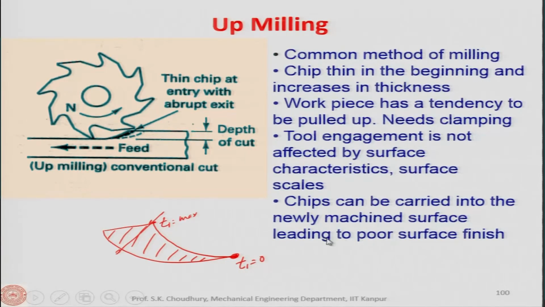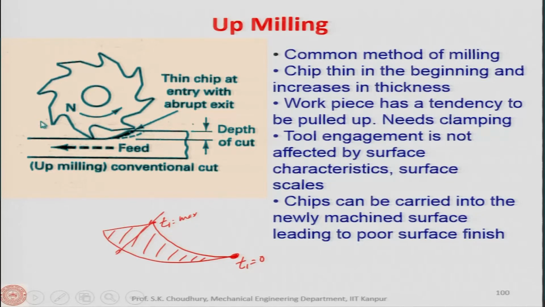Chips can be carried into the newly machined surface. This is another concern: when the chip is formed, these are the voids, and in these voids the chips are accommodated. When it is further rotated, it may rotate along with the chips located in the voids, that is the space between the teeth, and they may fall on the already machined surface, because feed is given in this direction and the tool is moving in the anti-clockwise direction.